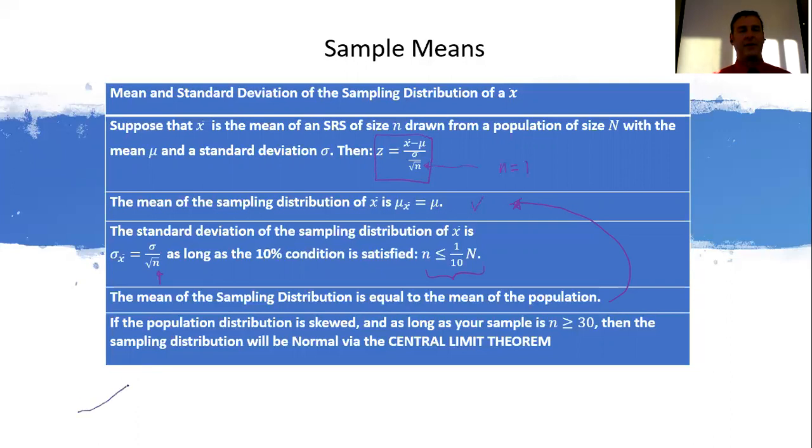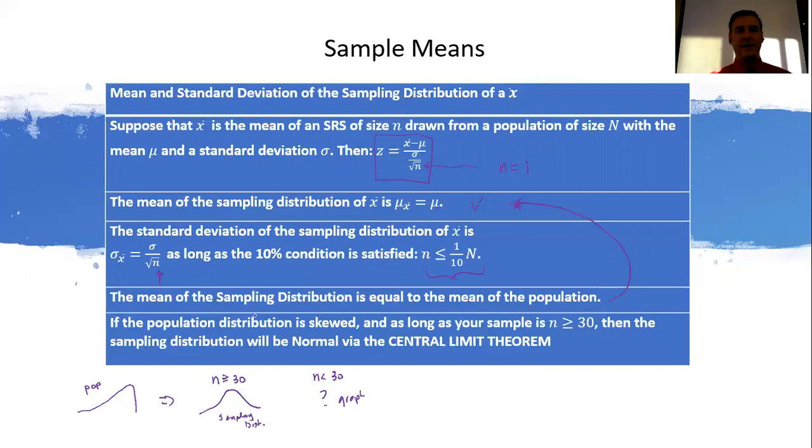If your population is skewed, I'm going to draw this on the bottom, and your n is greater than or equal to 30, then you know that your sampling distribution will be approximately normal. If n is less than 30, then you don't know, and you'll have to do a graph like we did as a class. We graphed all our little X bars, and we found from our work that it was okay.